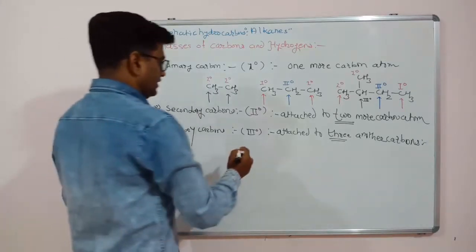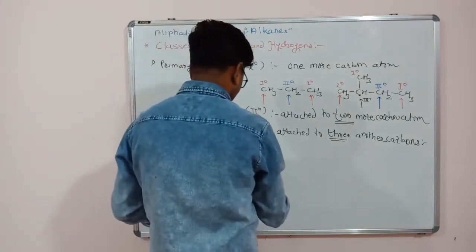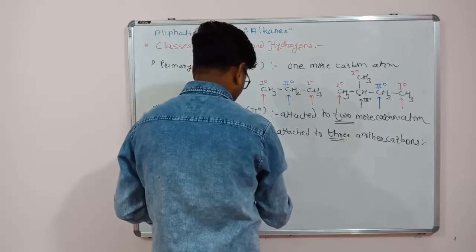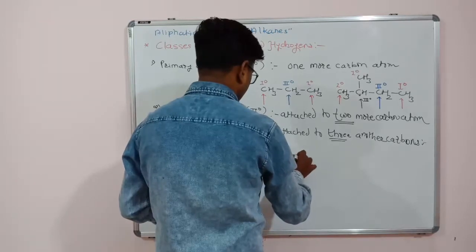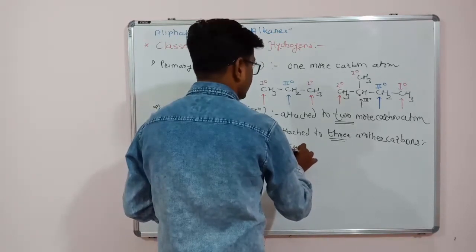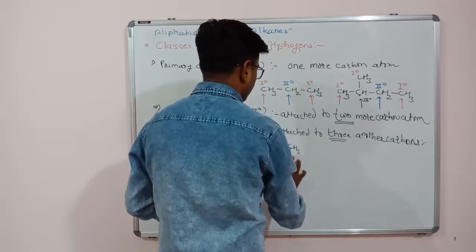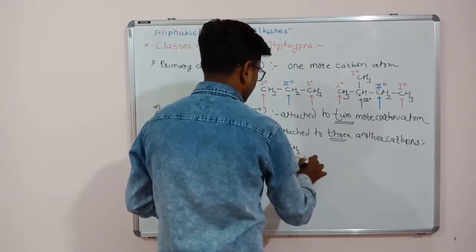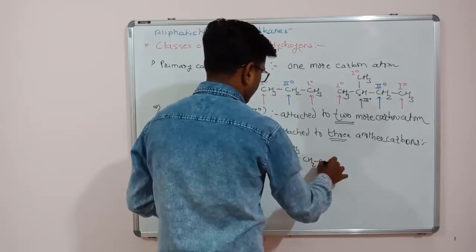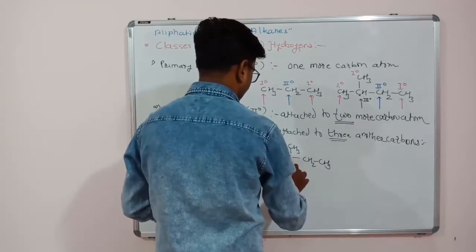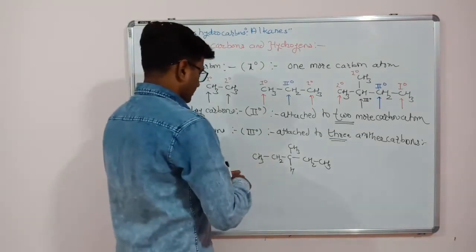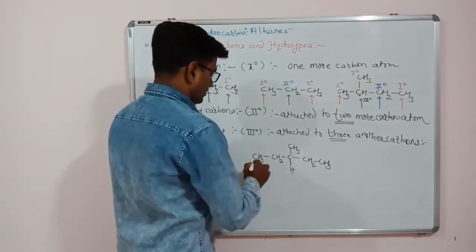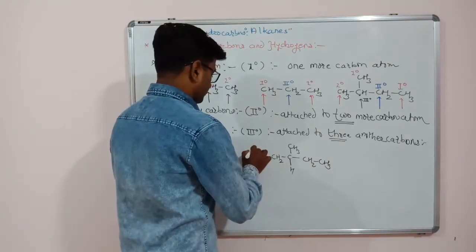Now for example, here this is the molecule: CH3, CH2, CH, CH3, CH2, CH3. Now in this case, this carbon is a primary carbon.